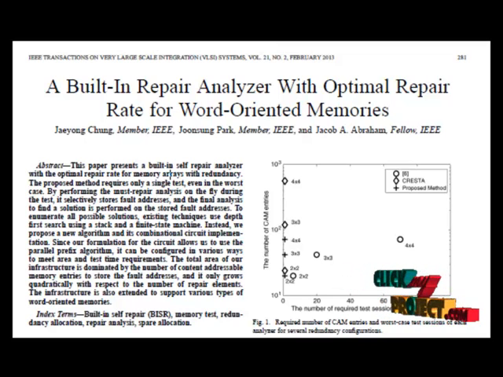To overcome these problems, most approaches for built-in repair analysis either follow only very simple search strategies or they rely on divide and conquer techniques. Divide and conquer strategies address both the memory itself and the failure bitmap, which is replaced by local failure bitmaps. This paper presents a built-in self-analyzer with the optimal repair rate for memory arrays with redundancy.